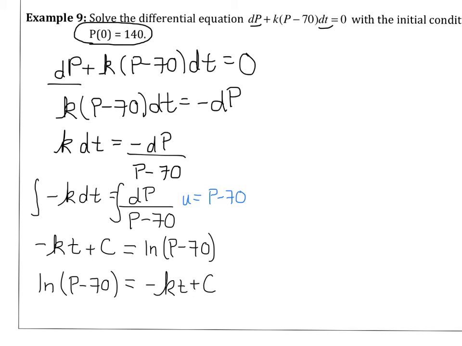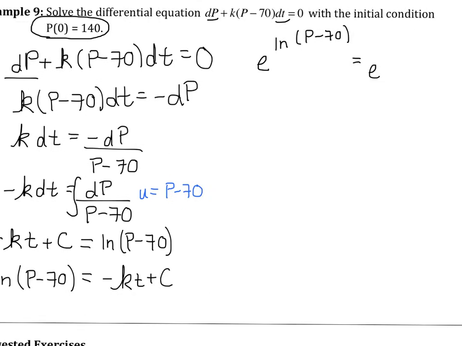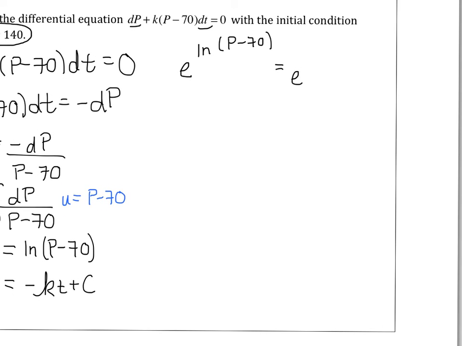And again, the p is stuck in a natural log. What is going to help us with that? Exponentials, right? We're going to exponentiate both sides, which means that we do e to the entire left-hand side equals e to the entire right-hand side.